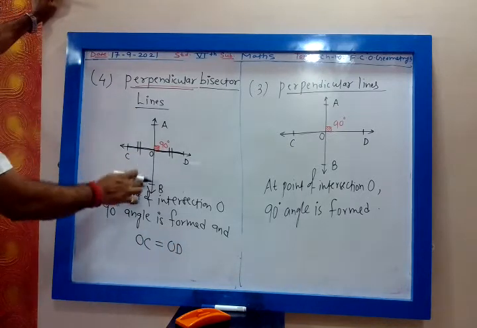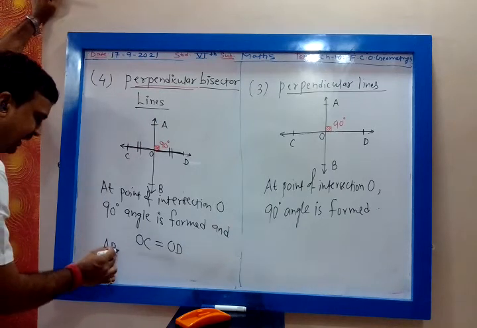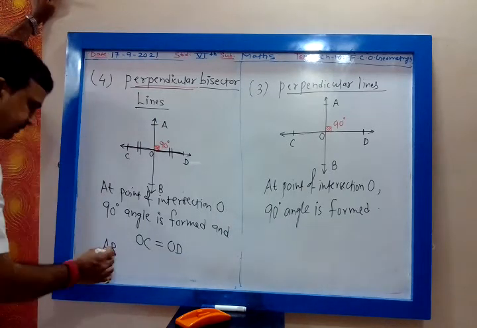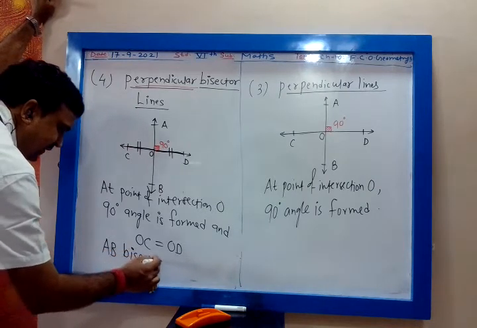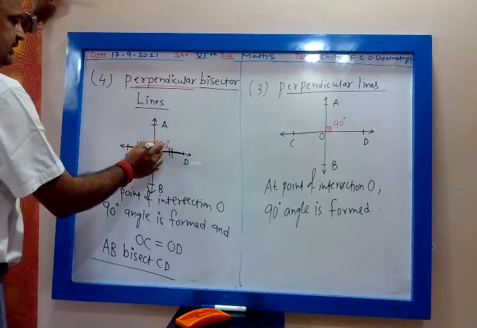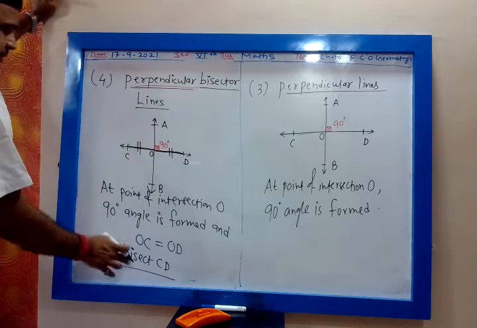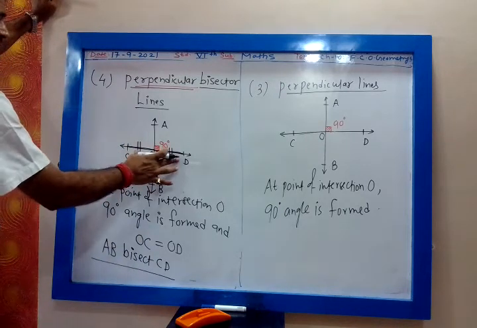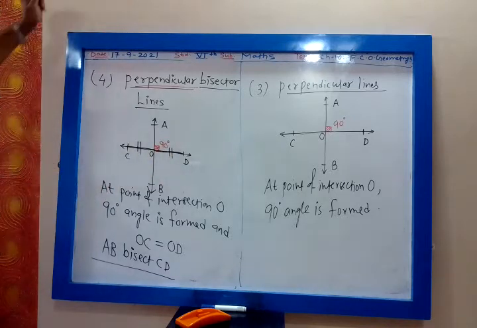Means AB bisects CD. At the point of intersection, a 90-degree angle is formed, and AB bisects CD. AB bisects CD means CD is divided into two equal parts, OC and OD.